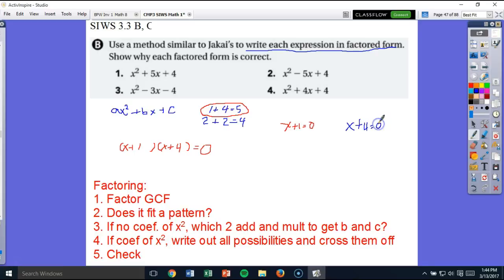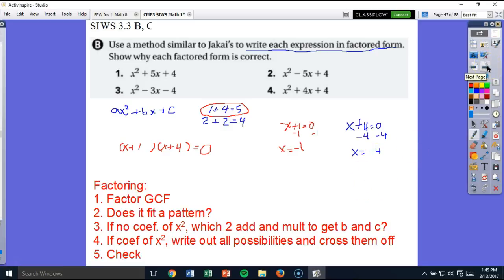We need to solve for x, so here we would subtract 4 from both sides, and we would get x equals -4. And over here, we need to subtract 1 from each side, and so we would get x equals -1. So your two x-intercepts for this equation would be x equals -1 and x equals -4. Again, those are also the roots.